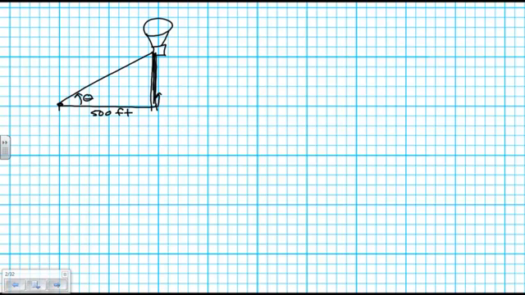This angle here, theta, is increasing at a rate of 0.14 radians per second. My question to you, how fast is the balloon rising?